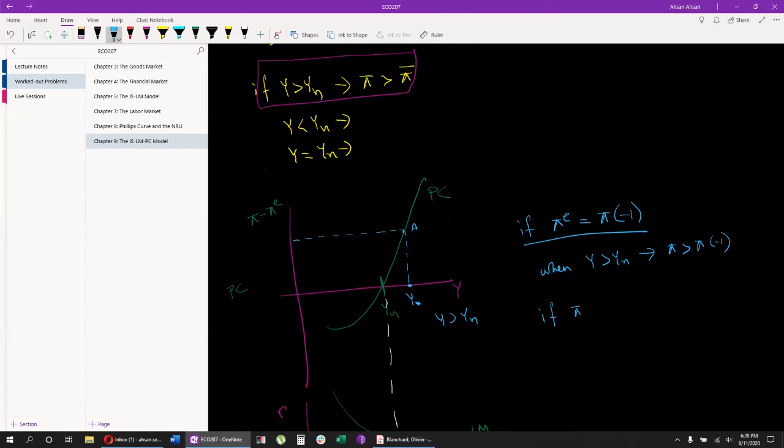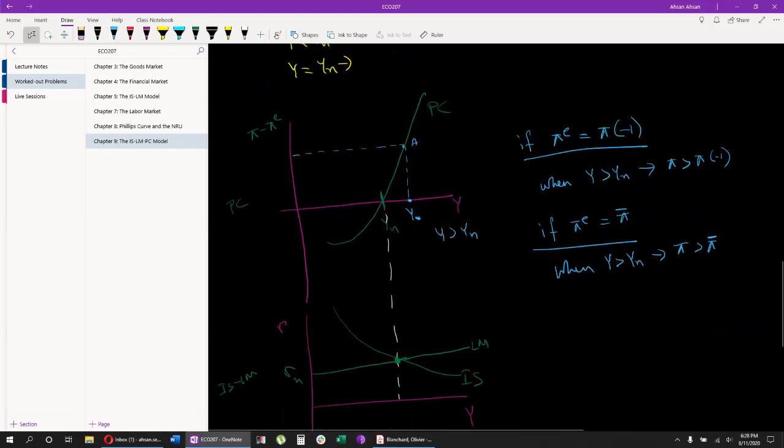If expected inflation is just equal to a fixed level of inflation, when Y is more than Yn, we get inflation is just higher than a given level. So what does that mean?